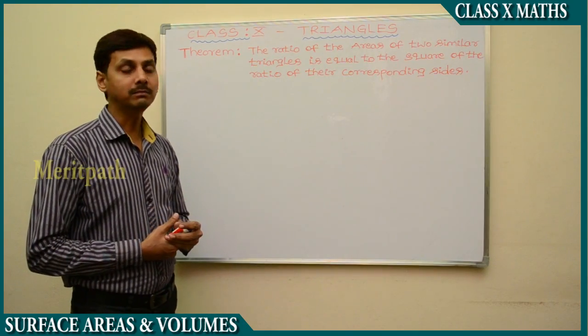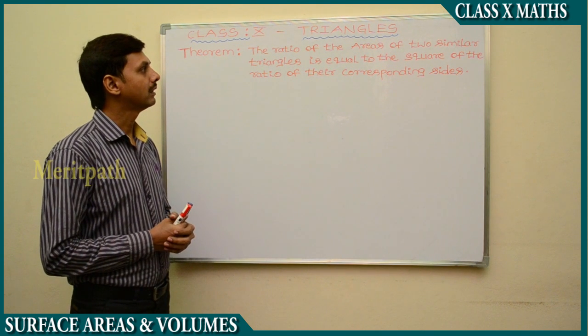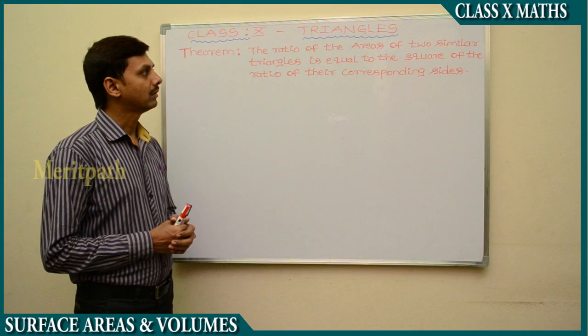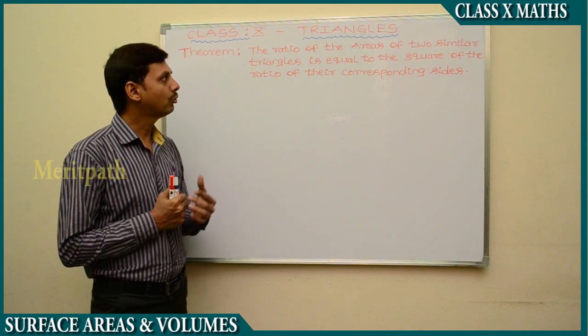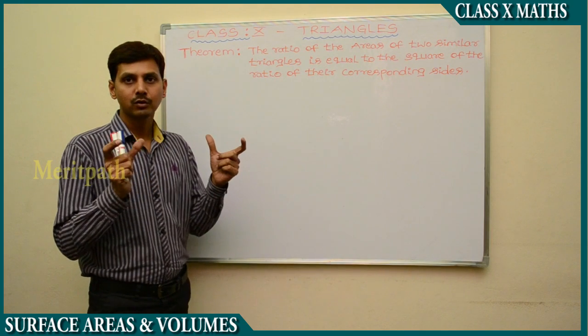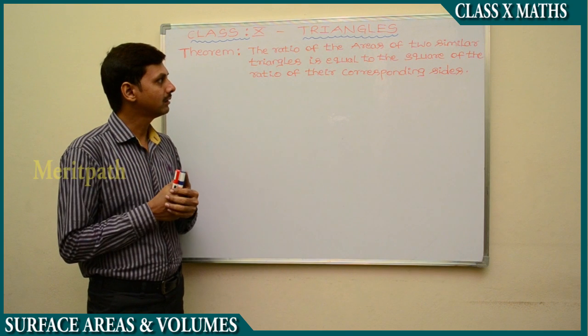Let's learn one of the theorems. The ratio of the areas of two similar triangles is equal to the square of the ratio of their corresponding sides. Let's recall again. We have two similar triangles.